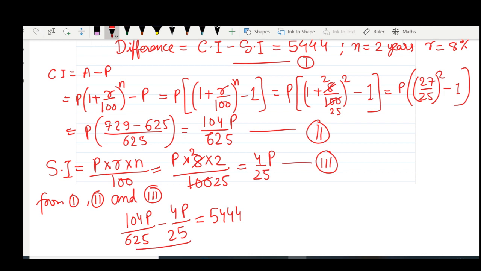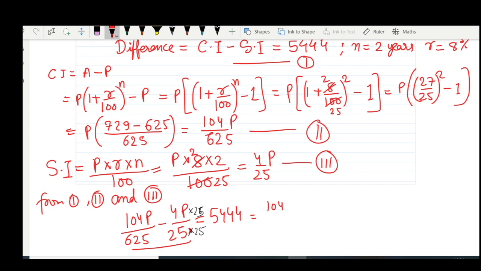Now in order to subtract these two, they are like terms because only P is there. So we can multiply and divide by 25 so that the denominator will be the same, and you can simply subtract the numerators.